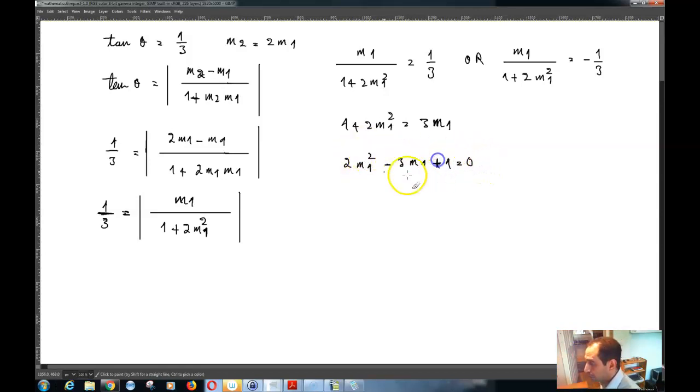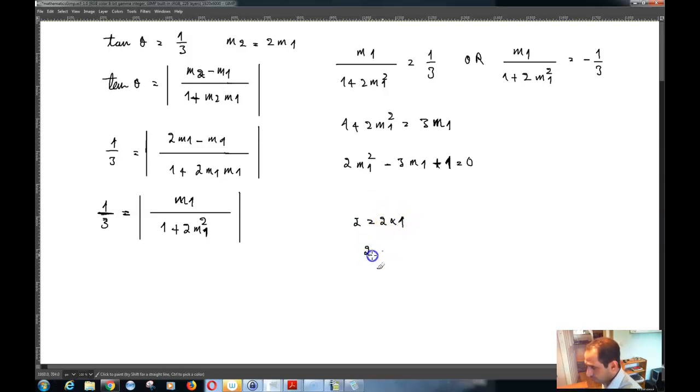What that means is that to solve this equation, you need to multiply 1 and 2, which is 2. Now 2 is the same thing as 2 times 1.